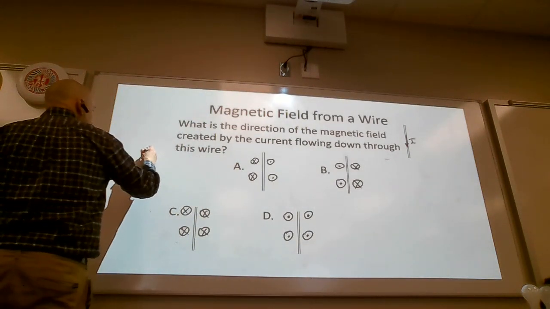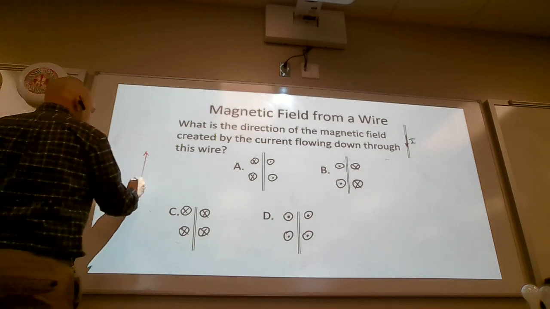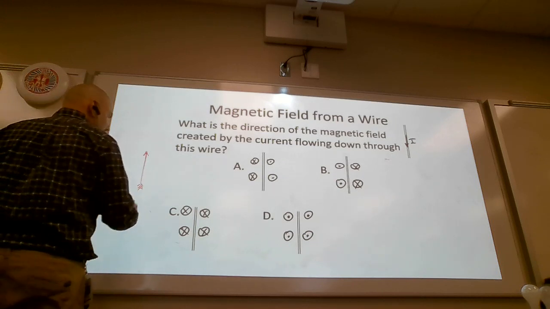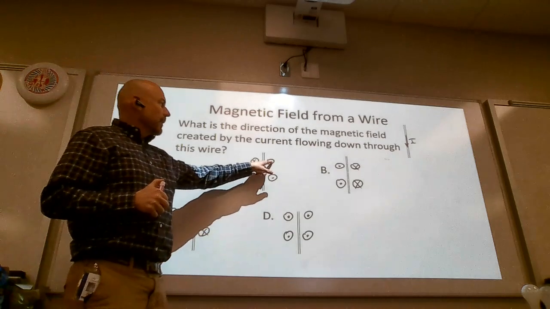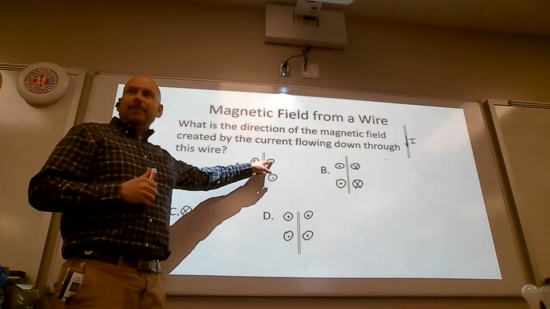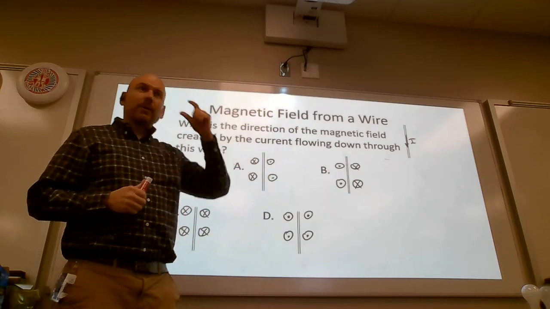So we're all about arrows in physics, right? Vectors. Think of a Robin Hood arrow. When you see the dot, that is the tip of the arrow, the arrowhead coming at you, you better duck.